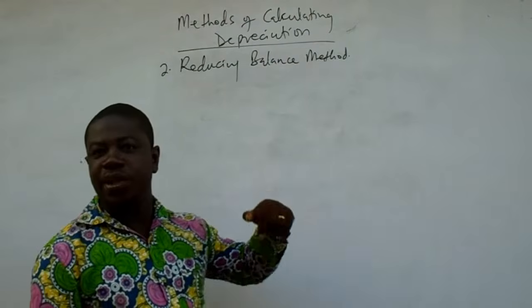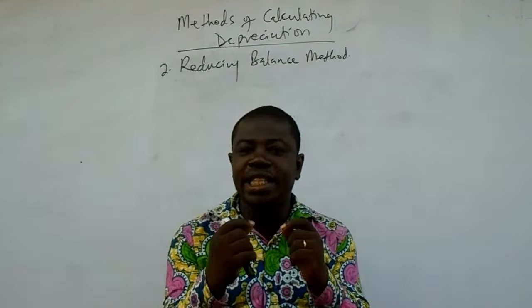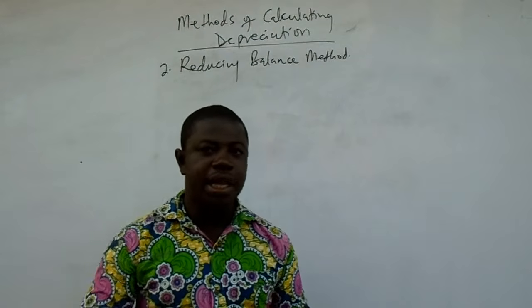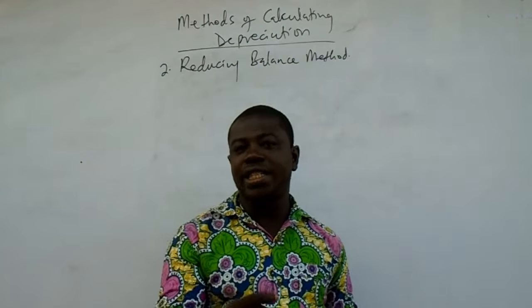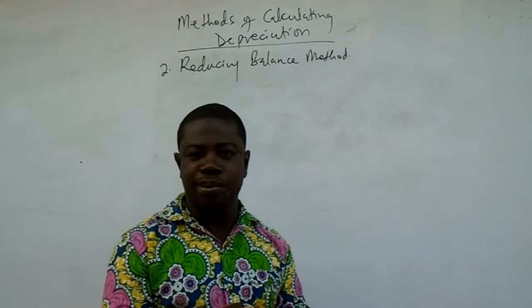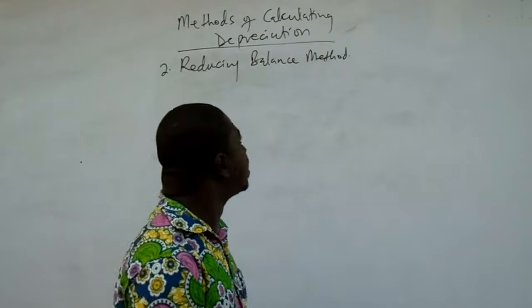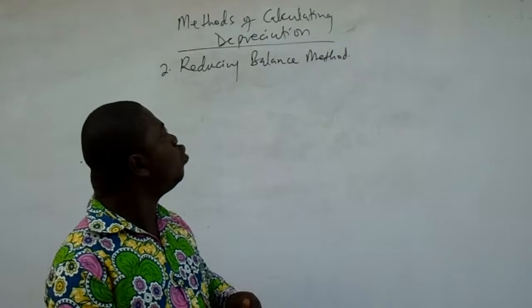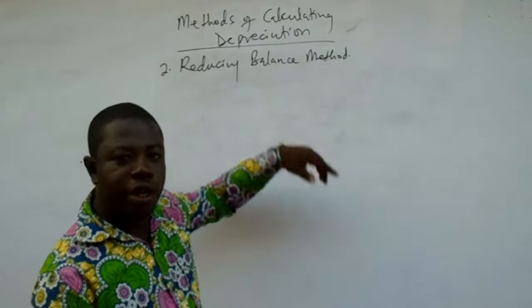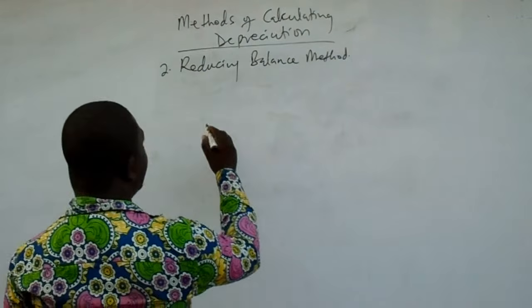But then the rate of depreciation will be applied on the net book value or the carrying amount. The net book value or the carrying amount of the asset is the cost of the asset minus any accumulated depreciation charges that we have over the years. And so what we do is that we are going to apply the rate on the net book value.